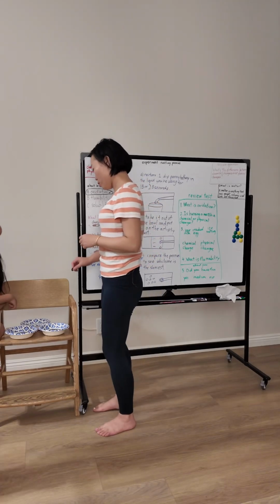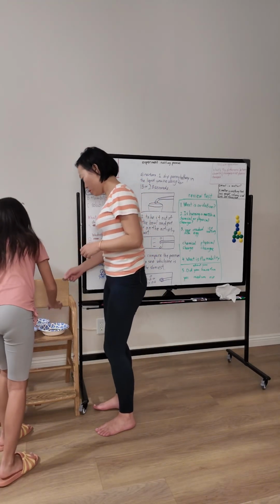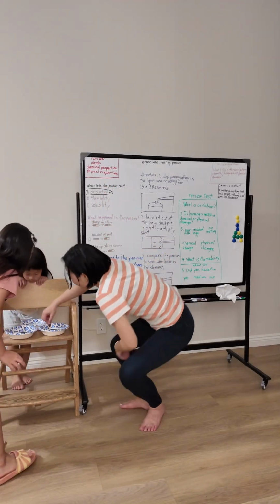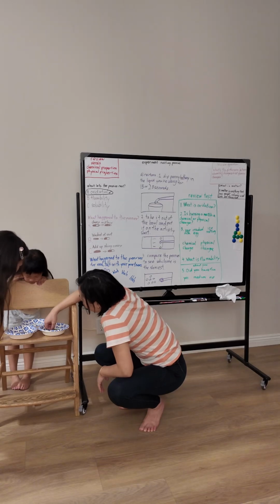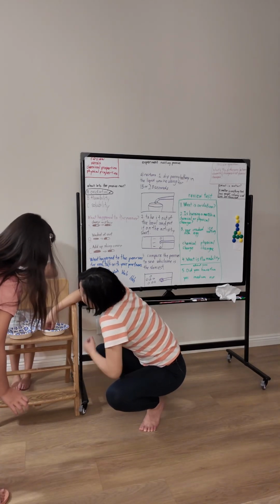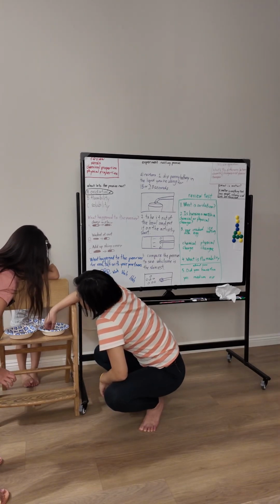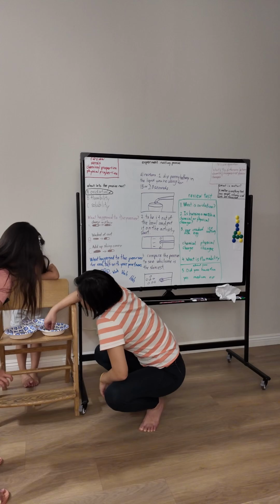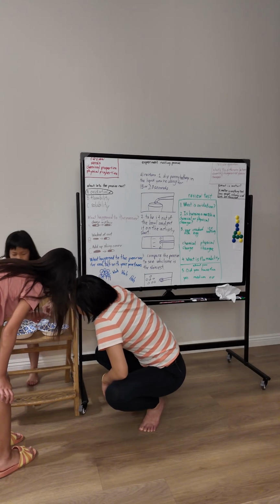So, can I try? Well, yeah, just put it half in so we can see the change. Half. Okay, 3, 2, 1. 1, 2, 3, up to 20. Okay, that's enough.